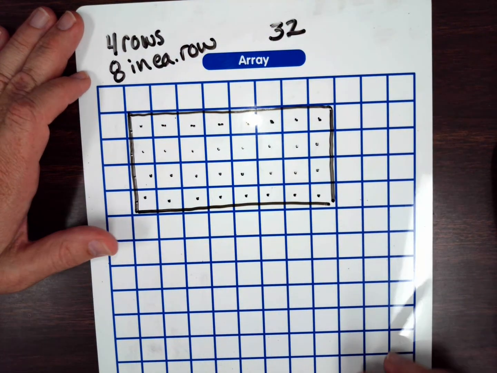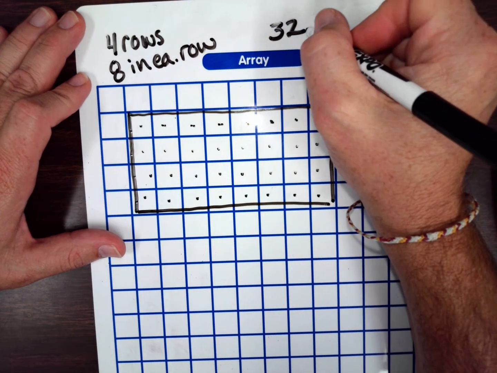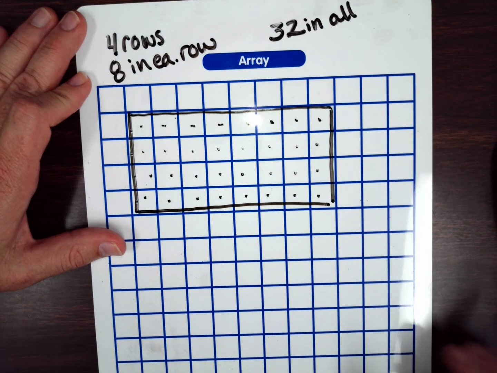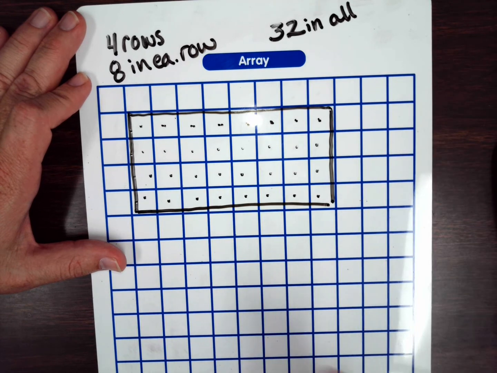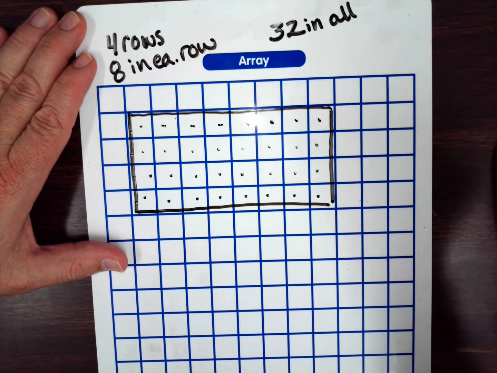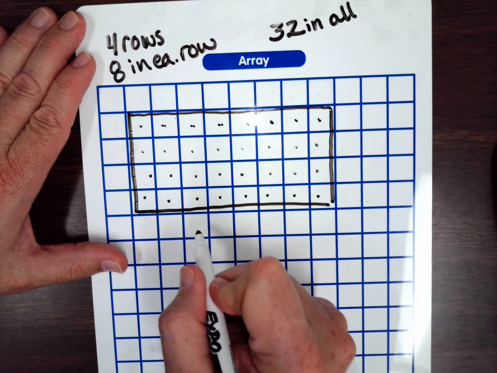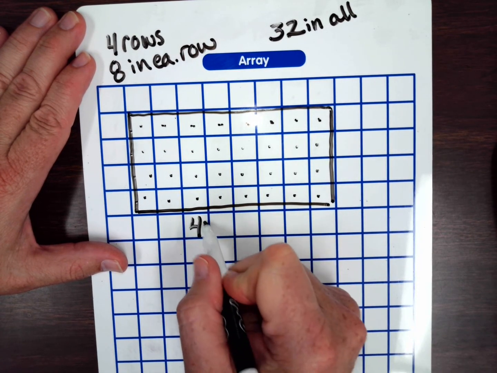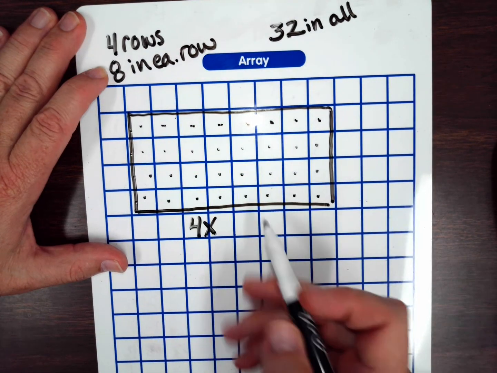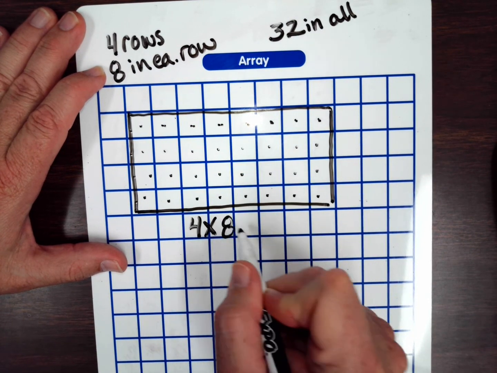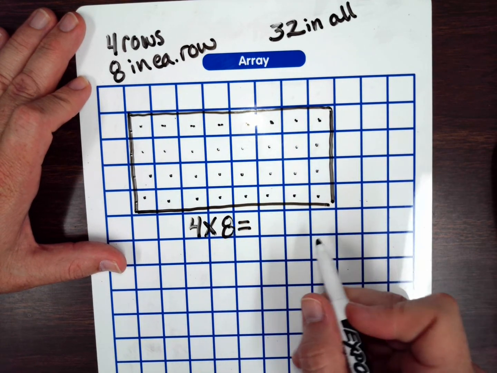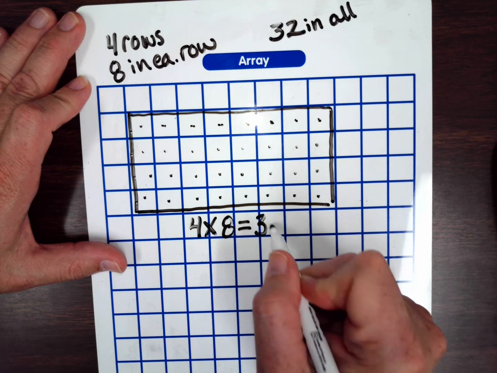And we had 32 in all. So as we were working backwards, we were able to take how we wrote it before. The number of rows, which is 4, times the number in each row, which is 8, will equal the total number of squares or tiles, which is 32.